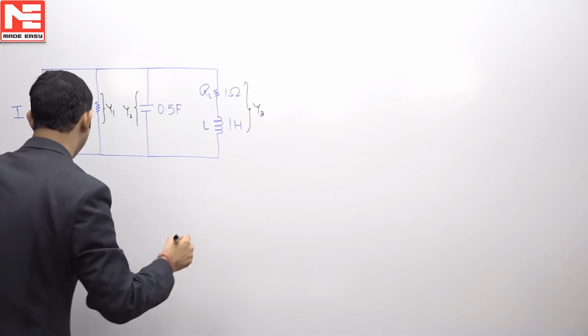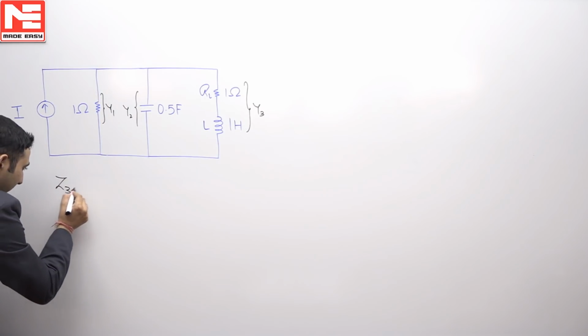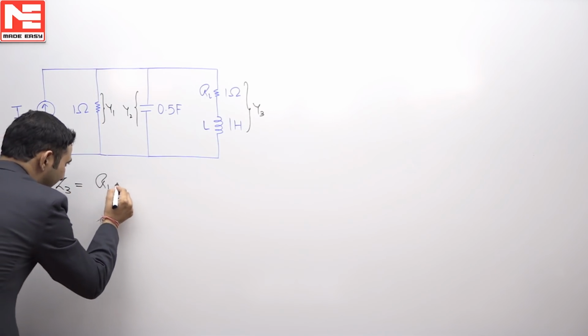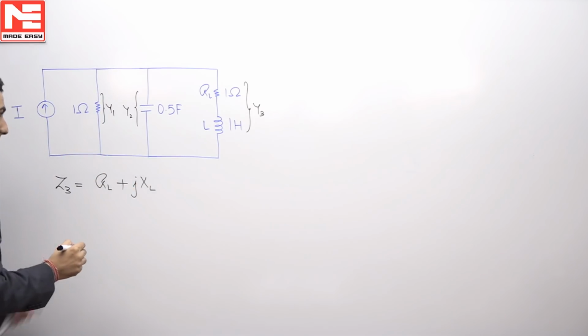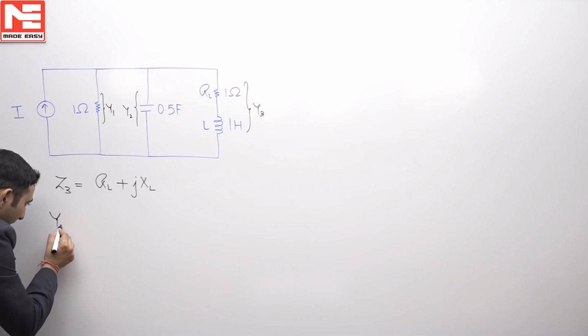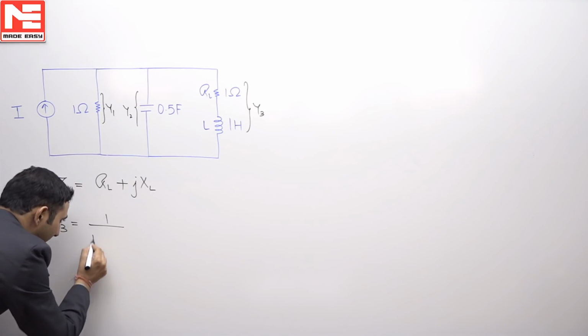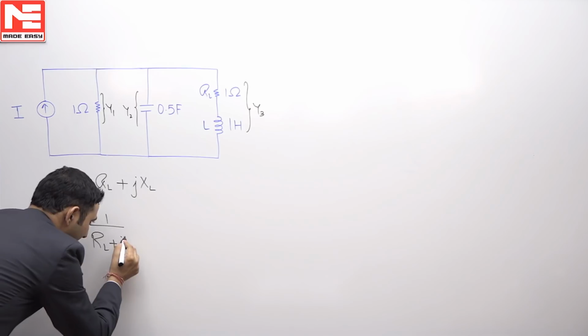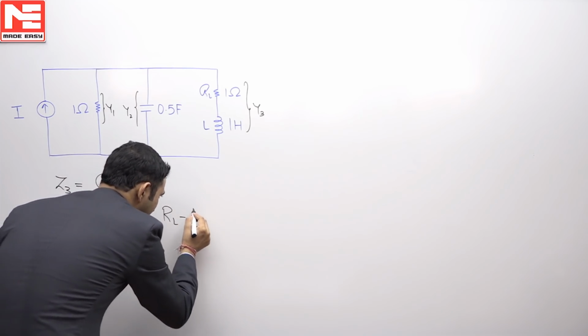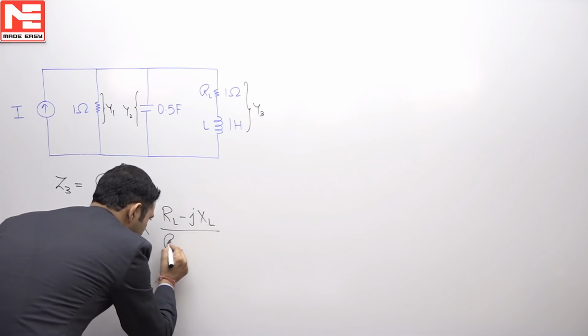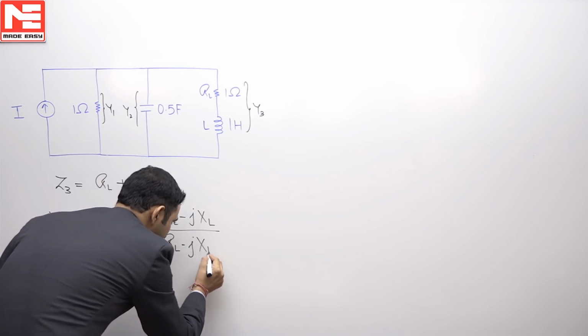So let us calculate first Z3. You can see Z3 will be equal to RL plus jXL. Therefore Y3 will be the inverse of this, so Y3 will be equal to 1 upon RL plus jXL. Let us rationalize this one. It will be RL minus jXL upon RL minus jXL.